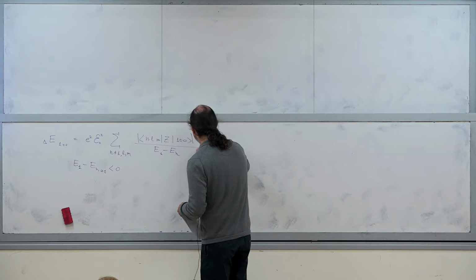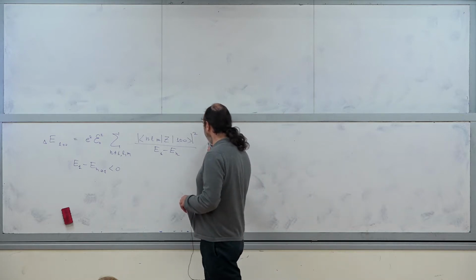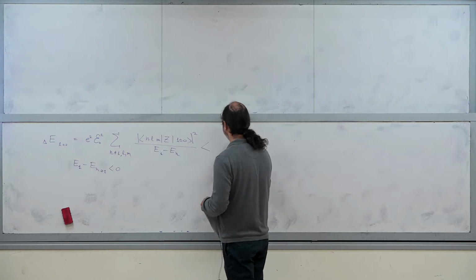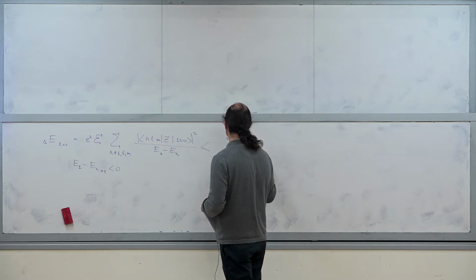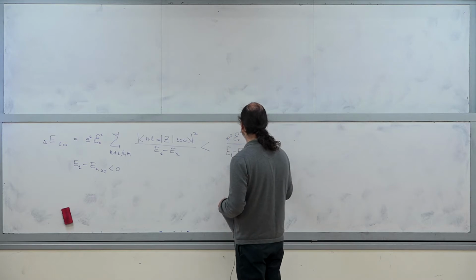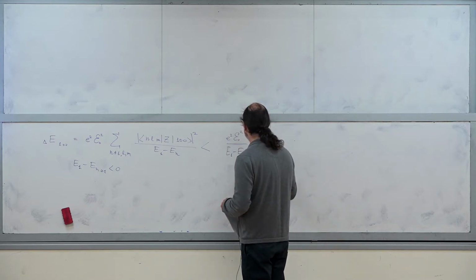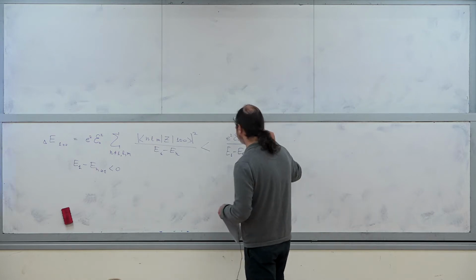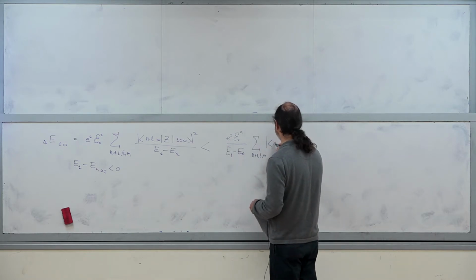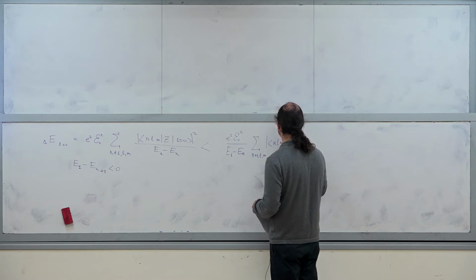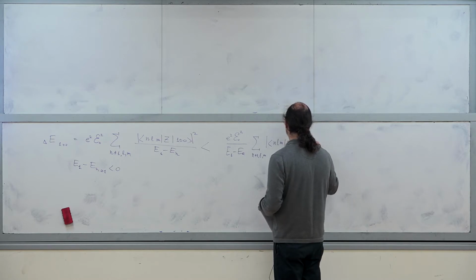So this means that it will not be equal, but it will be less than E0 squared divided by E1 minus E2, multiplied by the sum from n not equal to 1, L, m to infinity, of the wave function closing the z operator and the ground state, squared.